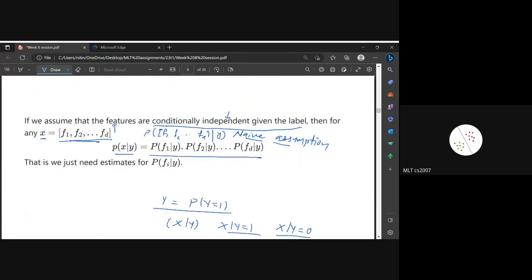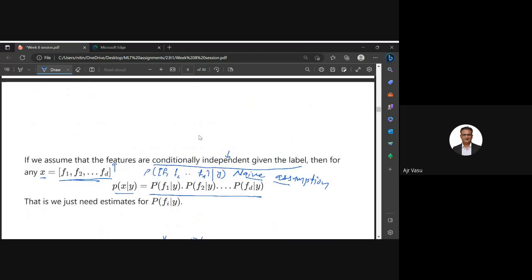Once we impose this assumption of conditional independence, the probability of X can be written as the probabilities of these features. And rather than finding the distribution of X, we can find the distribution of all the features, and that is easy now.